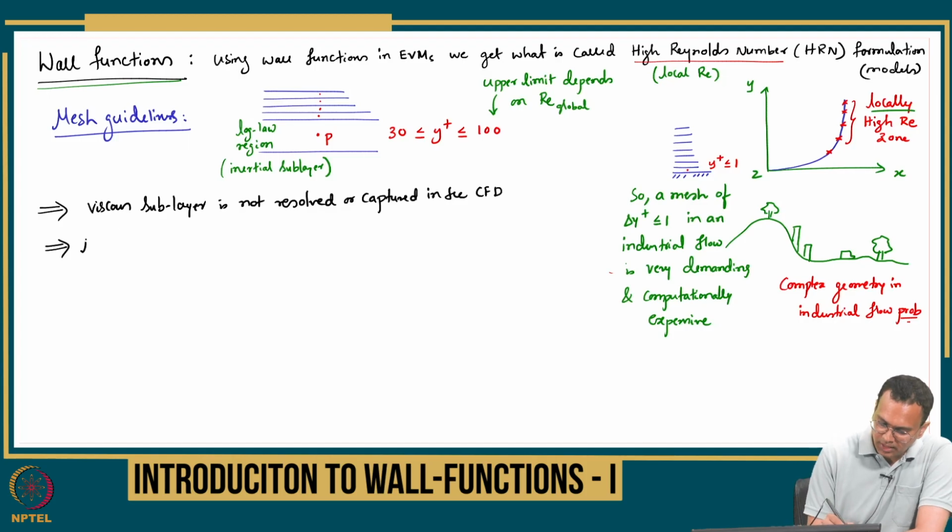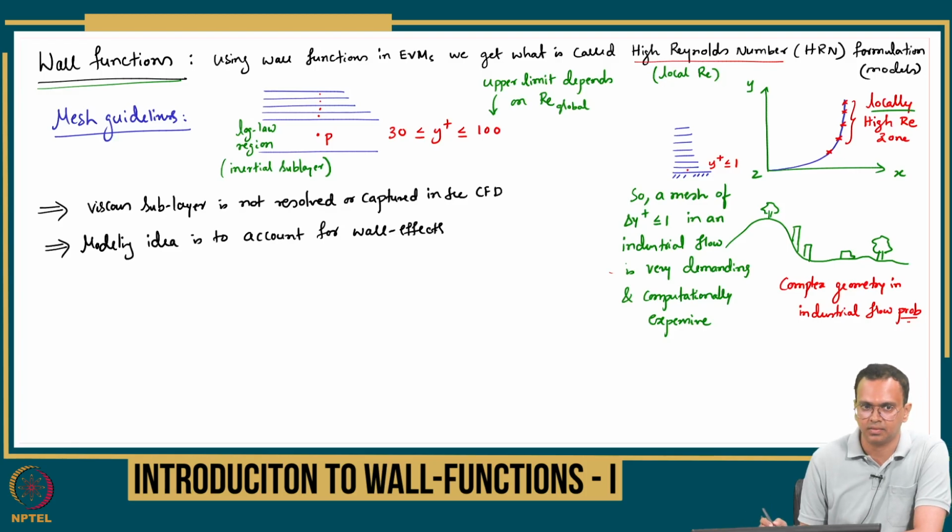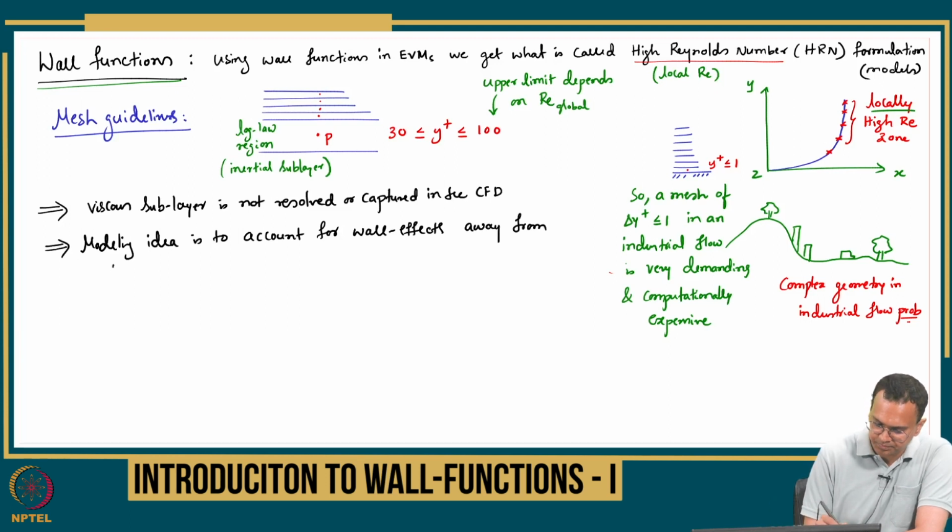So the modeling idea is to account for wall effects, whatever the wall is doing. In our case, it is providing viscous effects, right? Wall effects away from the wall.